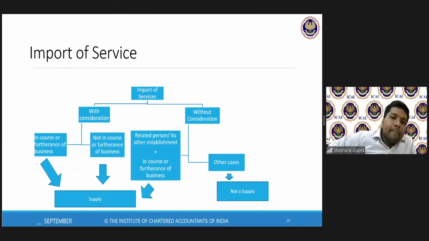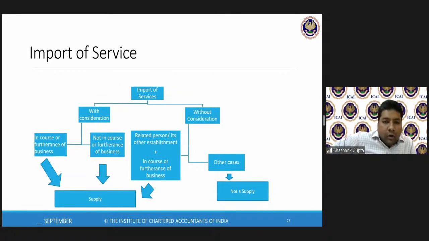Now, we all know that for any transaction to qualify as supply, it should be in the course or furtherance of business, but import of service is an exception. Meaning thereby, import of service with consideration in the course of furtherance of business is a supply.